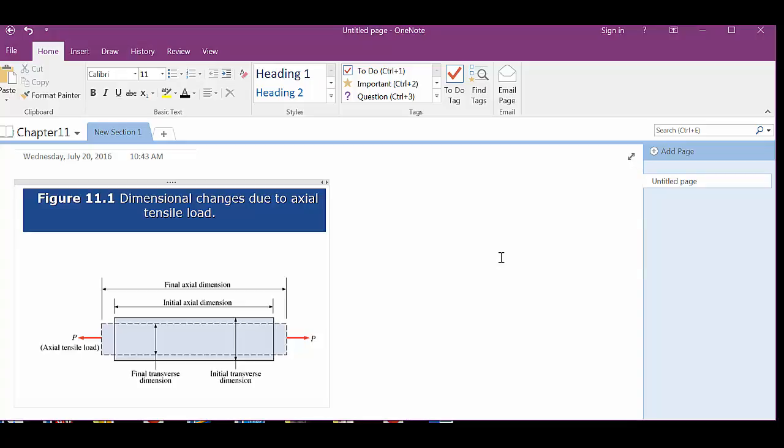And what's happening there is the concept is that the transverse dimension, if this were like a bar, a piece of round stock, the transverse dimension would be the diameter, right? The transverse dimension decreases at the same time as the axial dimension in the direction of the load. Okay? So in other words, as that thing stretches, it's also going to neck down.